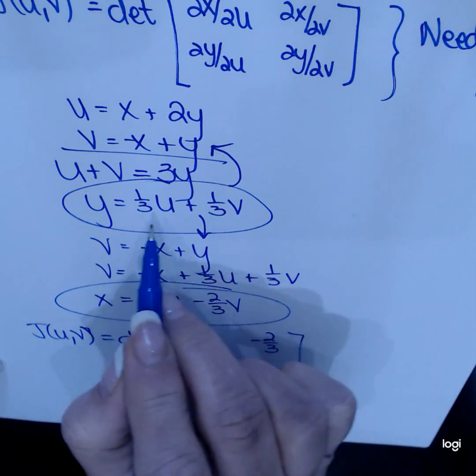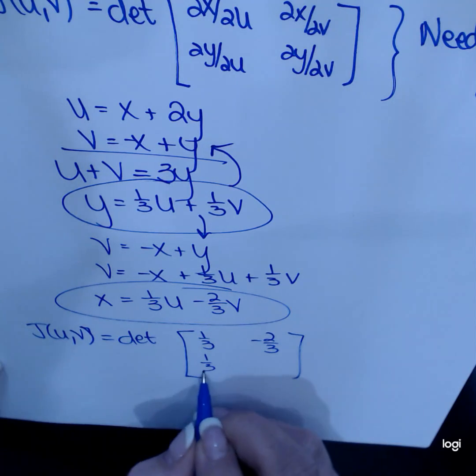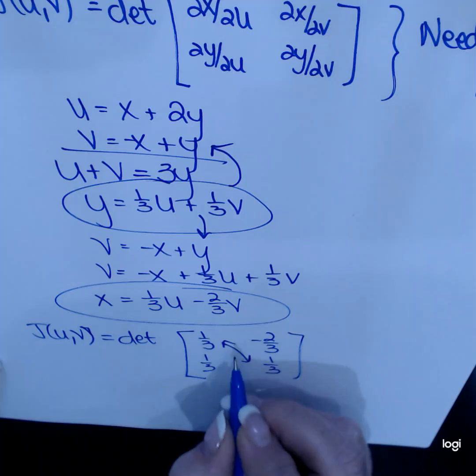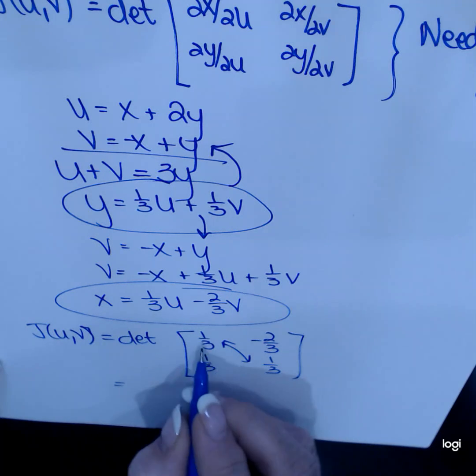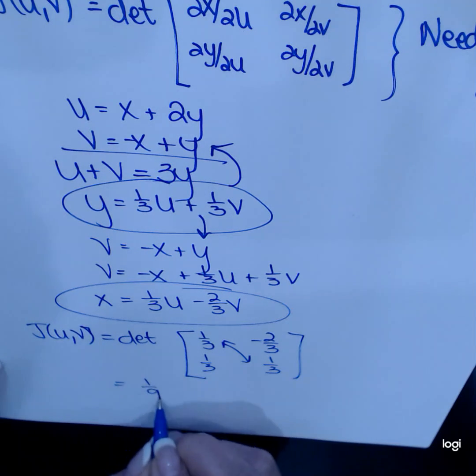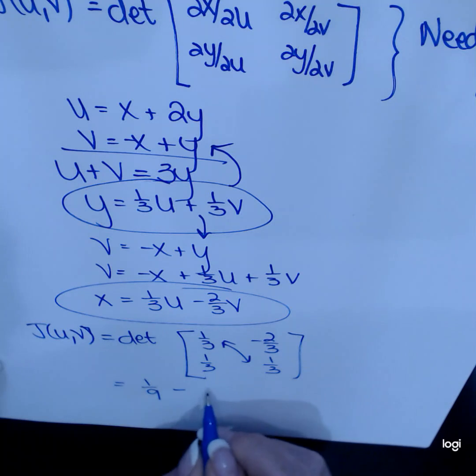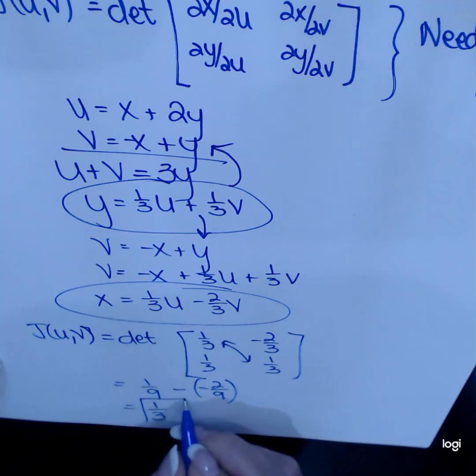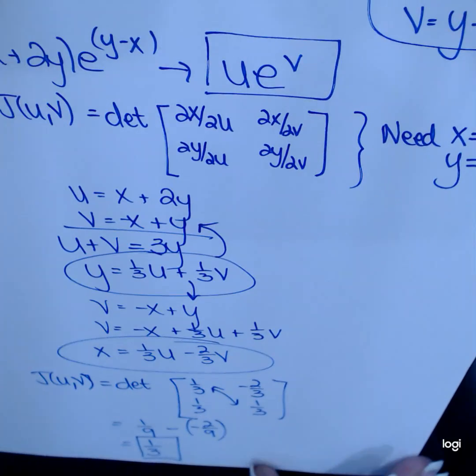We'll take the partial of y with respect to u, which is 1/3, and the partial of y with respect to v, which is 1/3. And then remember, we multiply in this direction. 1/3 times 1/3 is 1/9. And then we subtract what happens when we multiply in the other direction, which is going to be actually a negative 2/9. That gives me 3/9, or just a simple 1/3. So we now have our Jacobian.